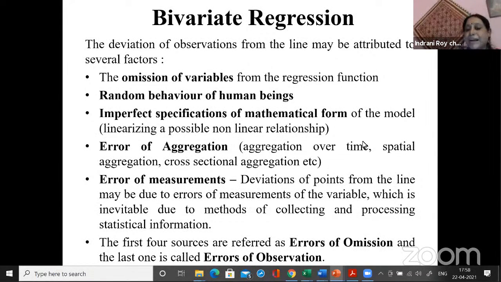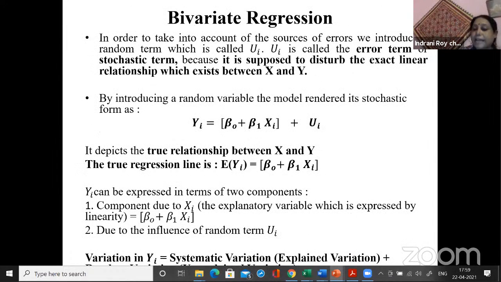So all these factors can be categorized into the errors of omissions and the errors of observations, and these together accumulate in the U term or the disturbance term, and distort the linearity between y and x.